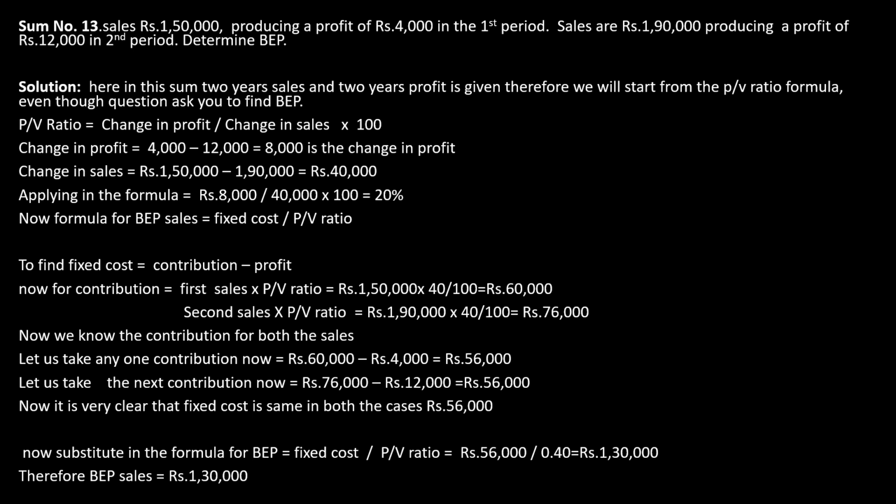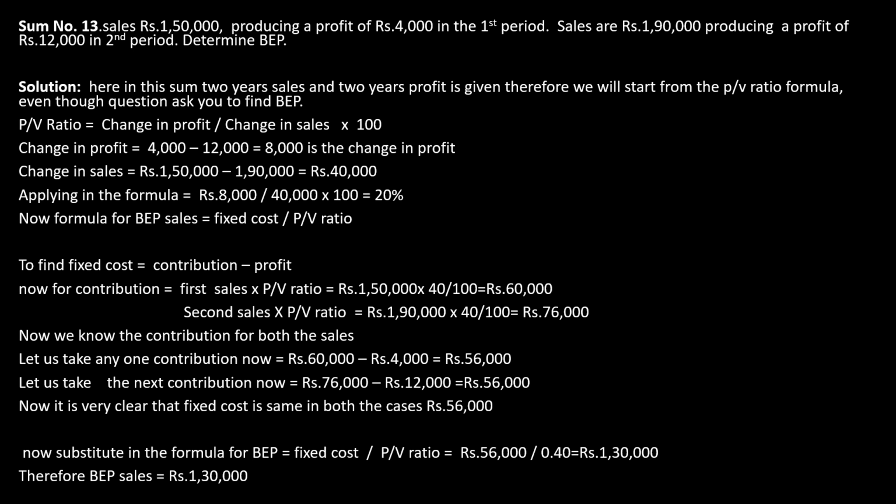Therefore, there is a change of rupees 8,000 in the profit. So the formula for PV ratio is change in profit by change in sales into 100. Here, the change in profit is rupees 8,000 and the change in sales is rupees 40,000. Into 100 will give me 20%. Therefore, the PV ratio will be 20%.